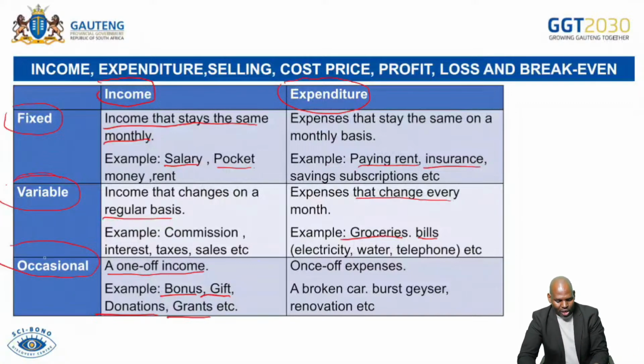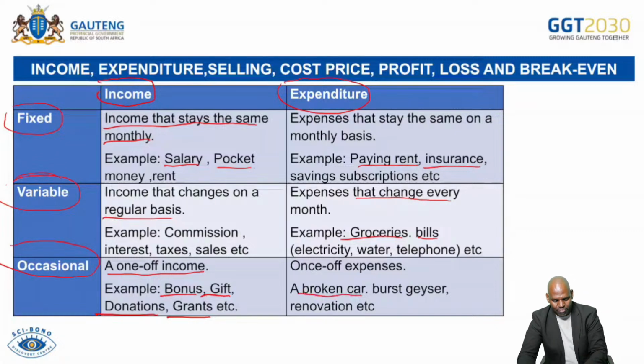Okay, then an occasional expenditure is a once-off expense. It is the type of expense that you don't actually expect, like for instance, a broken car. You'll never know when the car is going to break. You will never know when the geyser is going to burst in the house.